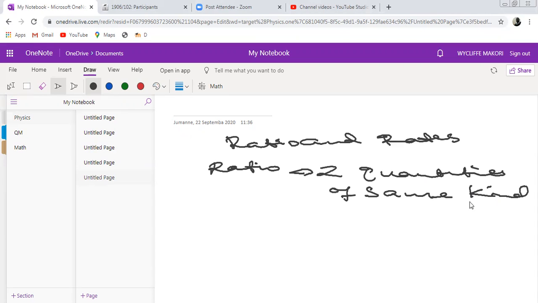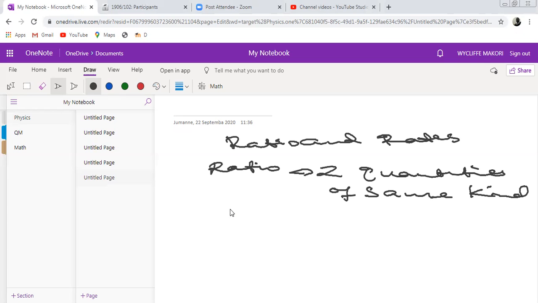That is to say, if we have two quantities and they are in kgs, then both of them must be in kgs. We cannot have a quantity that is in kg and the other one in centimeters. The two cannot be compared using the ratio.